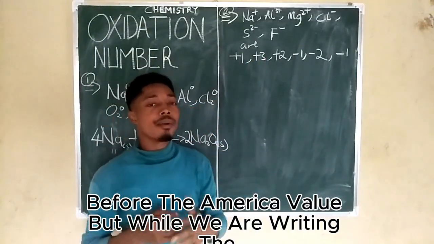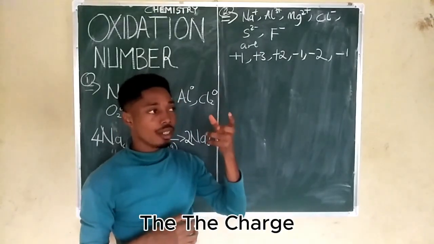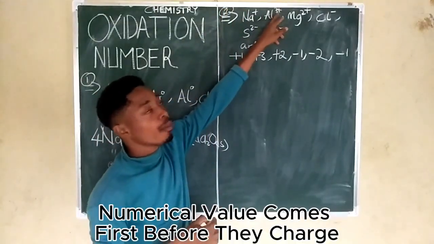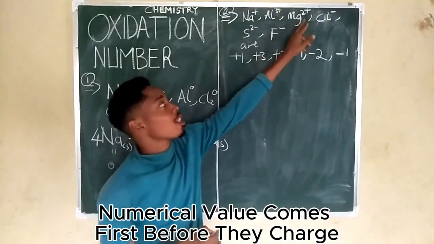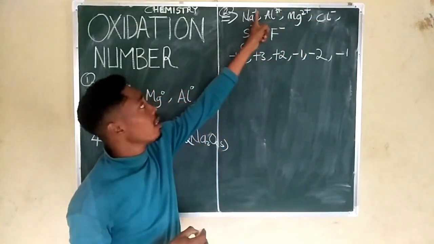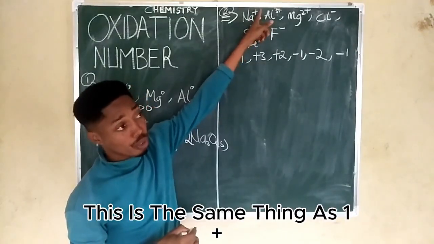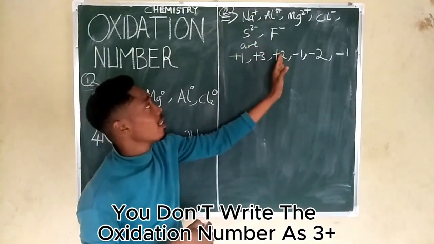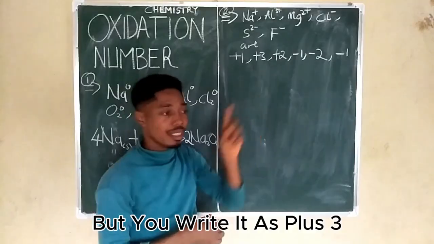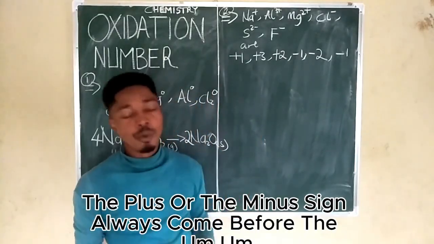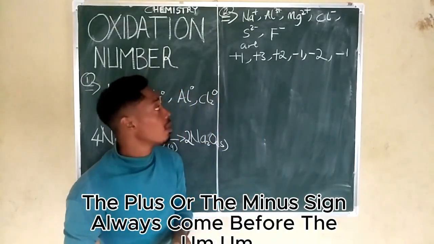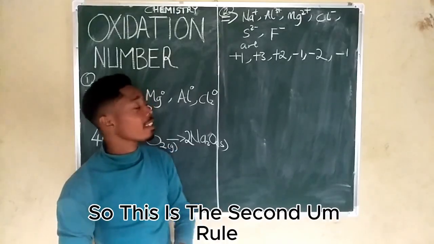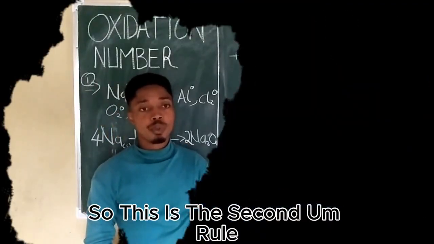But while we are writing the charge as part of the ion, you see that the numerical value comes first before the charge. This is the same thing as 1 plus. But when writing the oxidation number, you don't write 3 plus, you write plus 3. The plus or the minus sign always comes before the oxidation number. So this is the second rule.